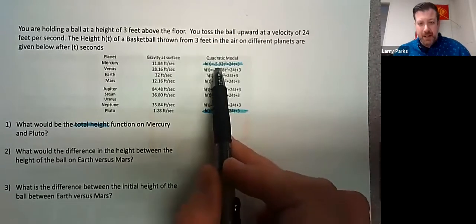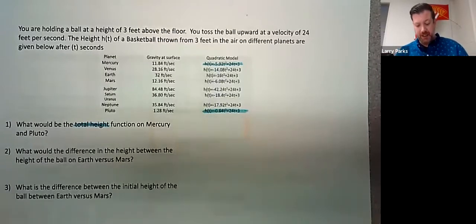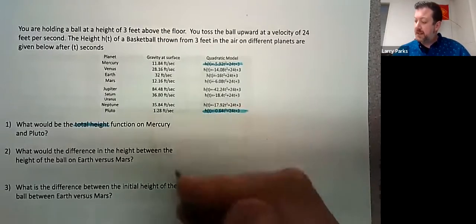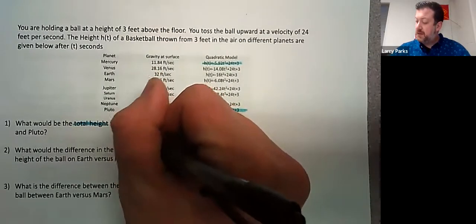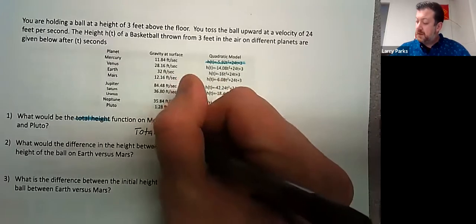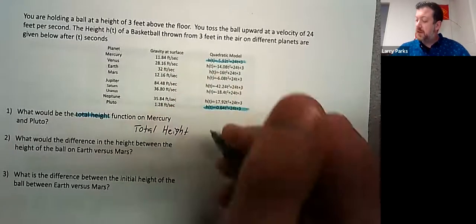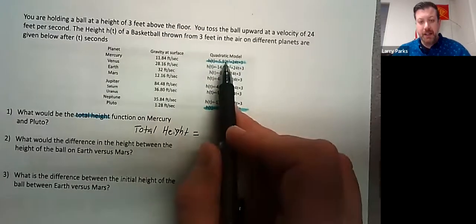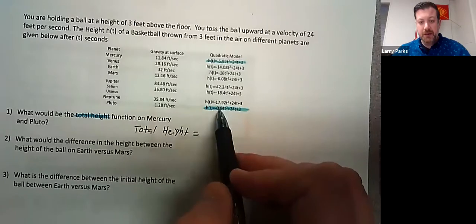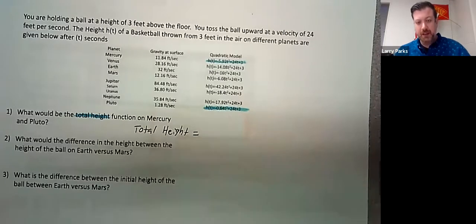I'm going to add negative 5.92 plus negative 0.64, and I already typed it in wrong, I see.